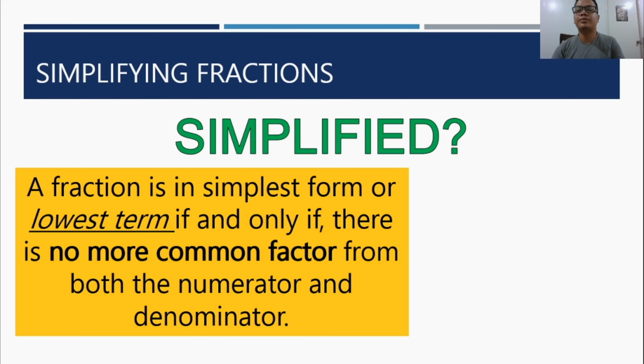Next, we have 2 over 7. This one is also in simplest form because there is no more common factor of 2 and 7. How about 12 and 13? This one is also in simplest form, or lowest terms.